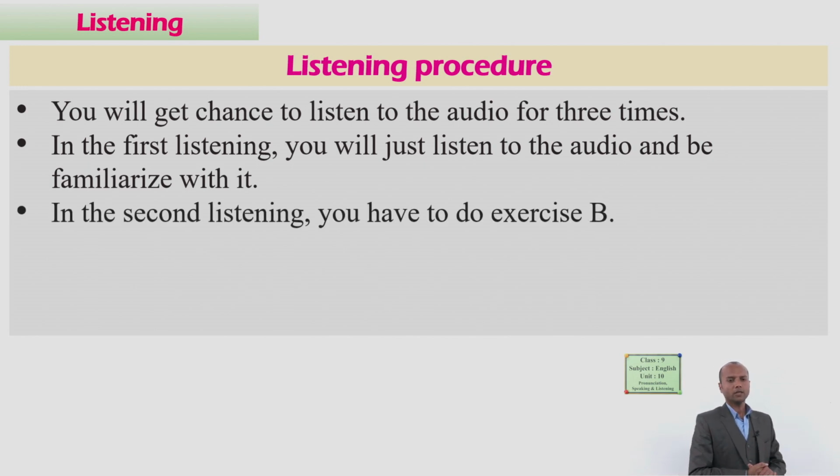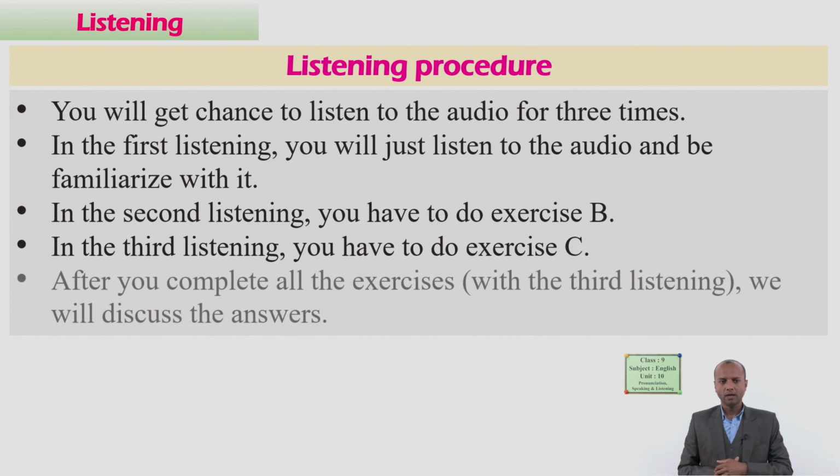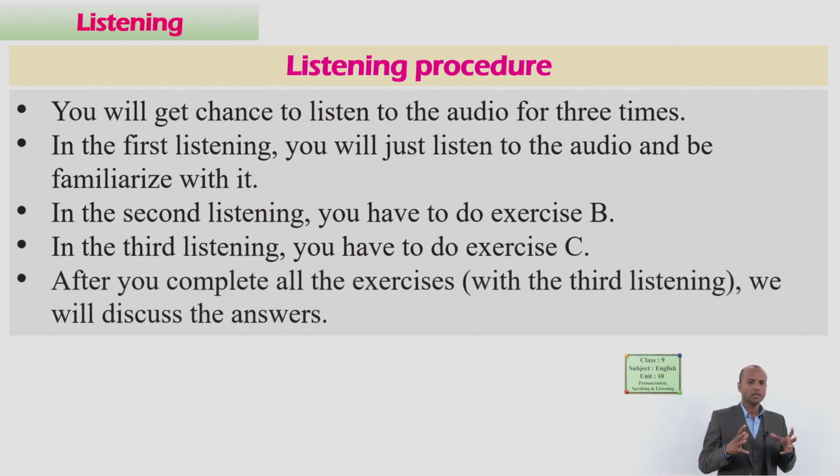In the second listening, you have to do exercise B. There are 2 exercises. While listening to the audio for the second time, you have to do exercise B. And in the third listening, you have to do exercise C. After we complete all the exercises, with the third listening, we will discuss the answers.